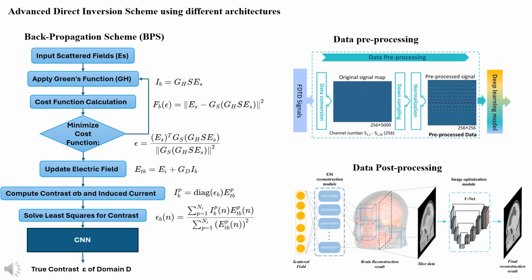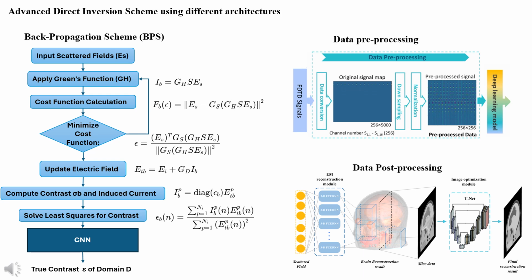However, the simplicity of DIS also presents challenges. The nonlinear nature of the inverse scattering problem means that basic direct inversion might struggle to accurately capture the intricate details within the brain, especially in complex scattering environments or when dealing with heterogeneous tissue structures.